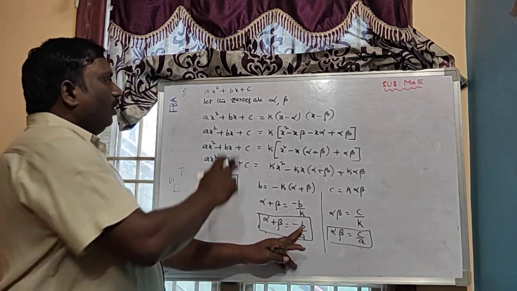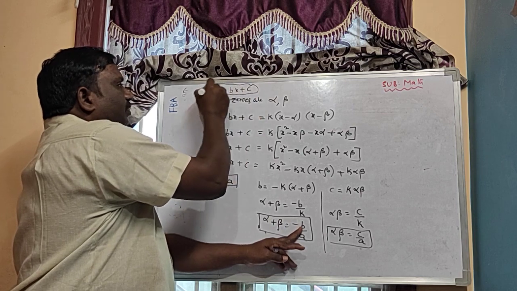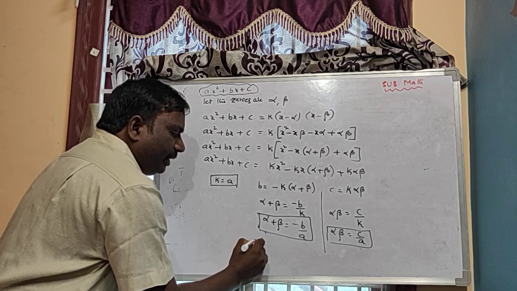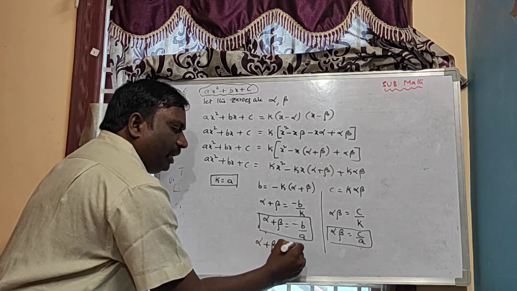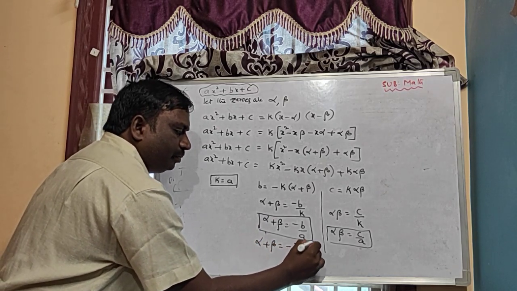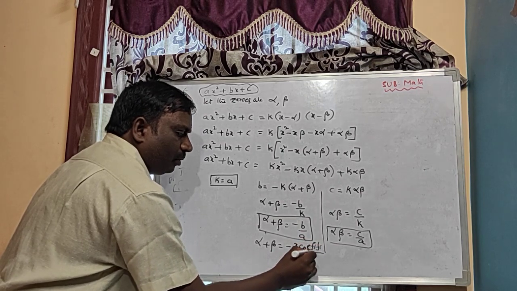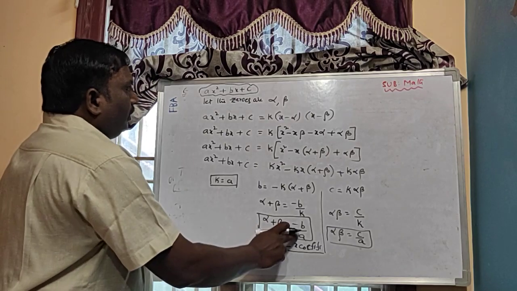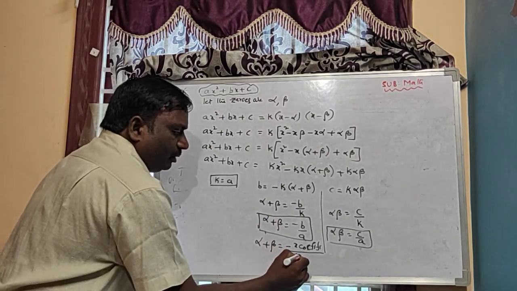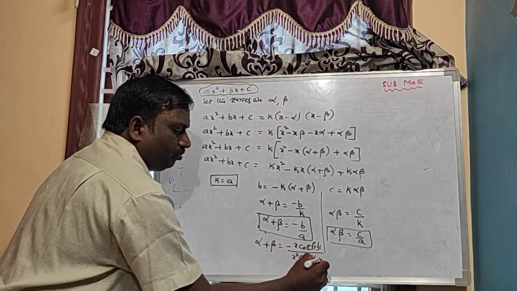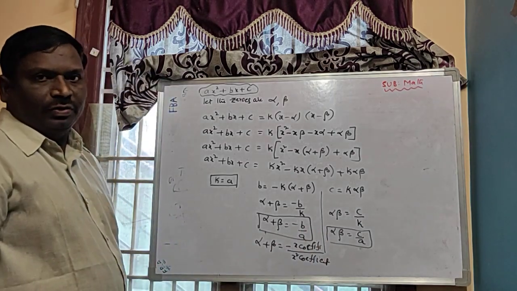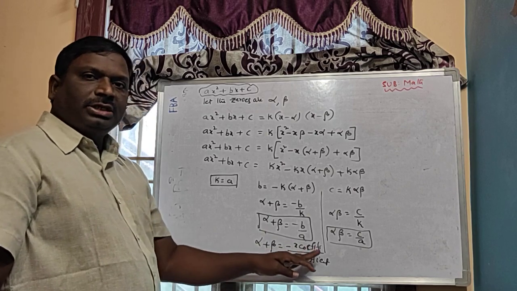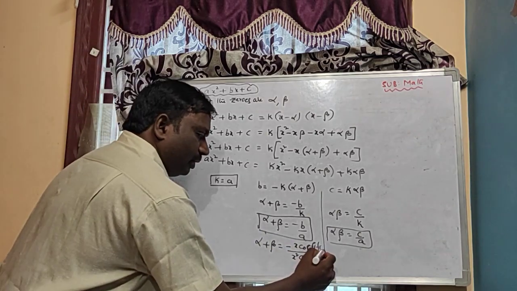Minus b, from this expression, what is b? The x coefficient. Sometimes we can write alpha plus beta equals minus x coefficient by a, the x square coefficient. Both are the same; sometimes we call it minus b by a, and sometimes minus x coefficient by x square coefficient.